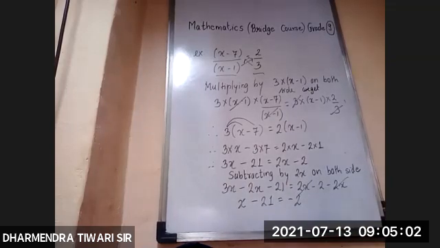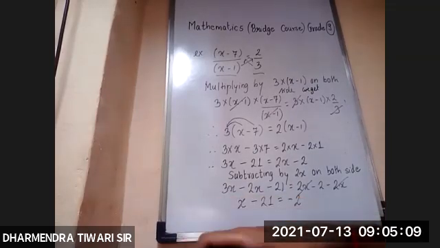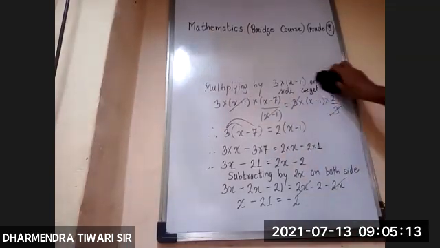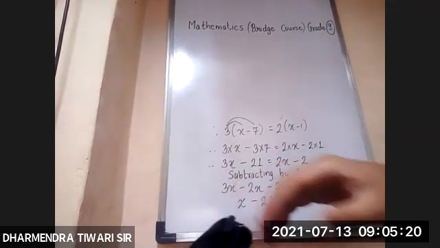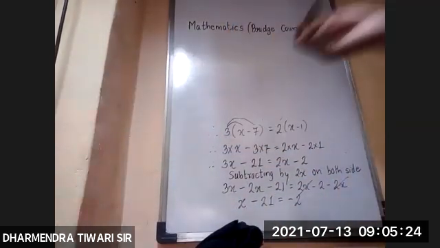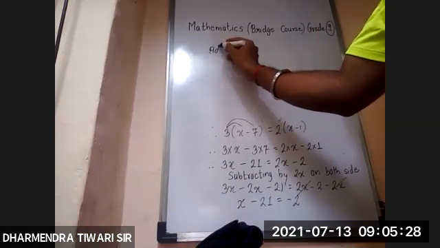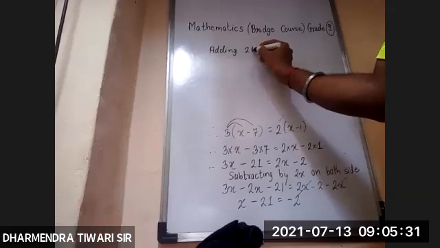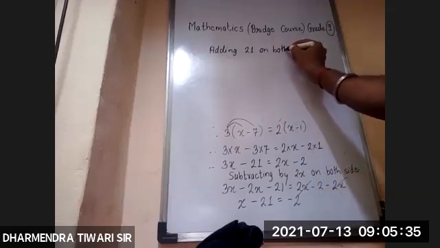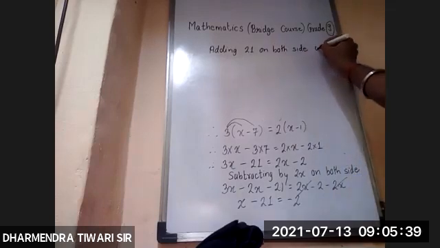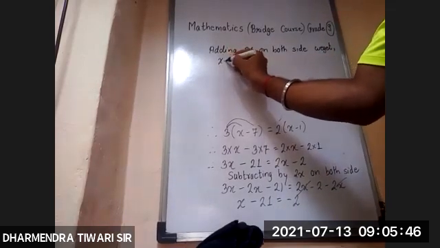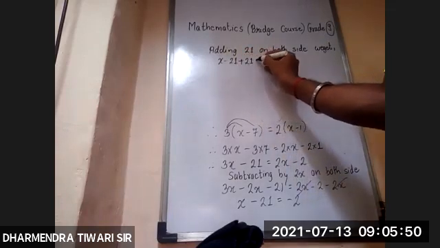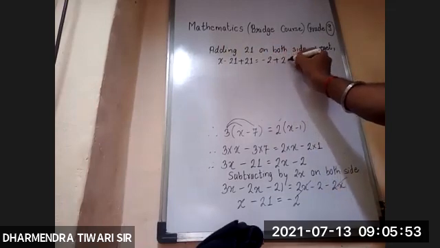Now, which is the term that is creating a problem? We can see it's minus 21. So adding 21 on both sides, we get x minus 21 plus 21 is equal to minus 2 plus 21.